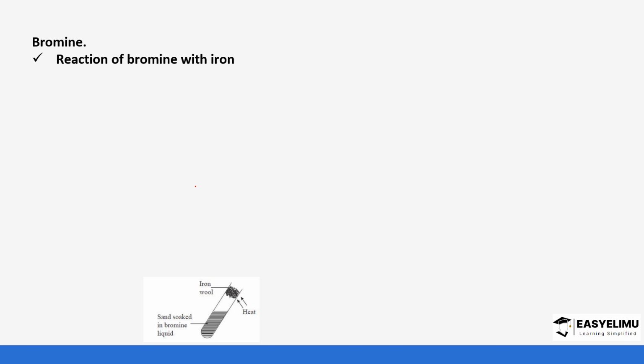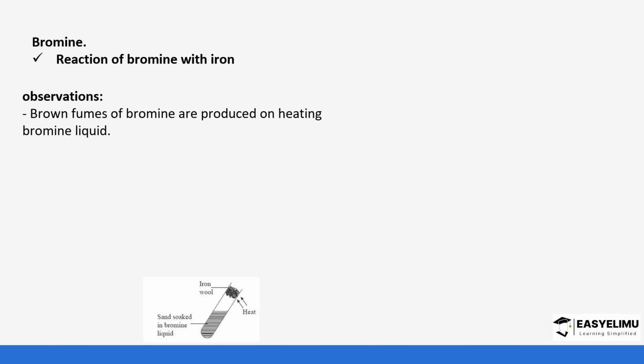And then the reaction of bromine with iron. So you can see the setup below. So sand soaked with bromine is heated, and then it reacts with iron wool. So when you heat the bromine liquid, it changes into fumes, which react with iron.